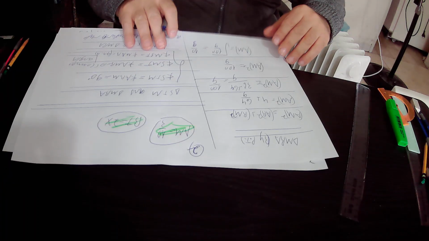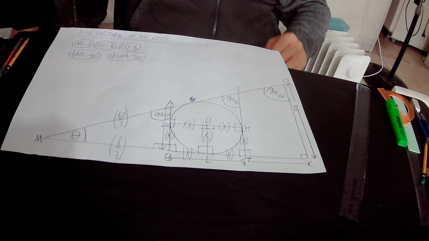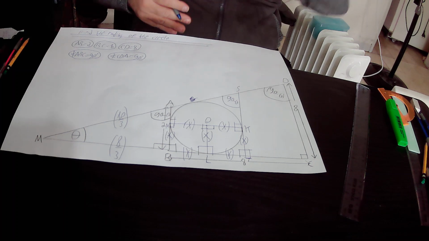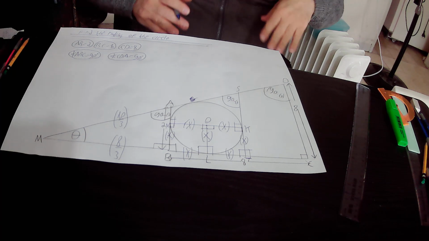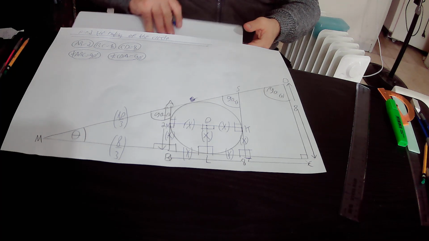And from the fact that the middle triangle is similar to the smallest triangle, we will derive that the following relationship exists between their sides.